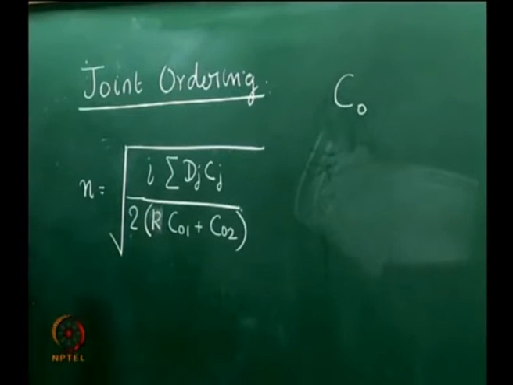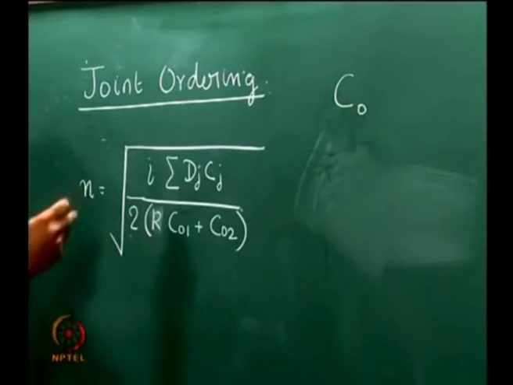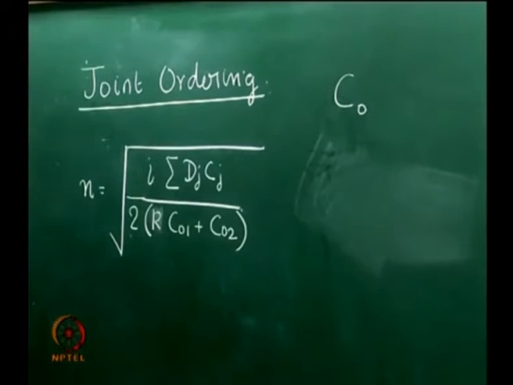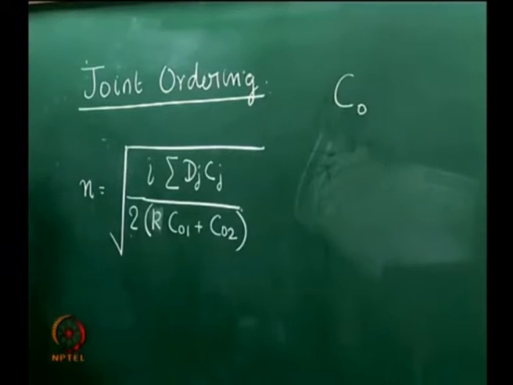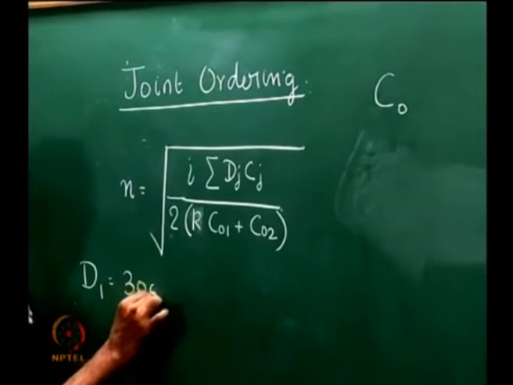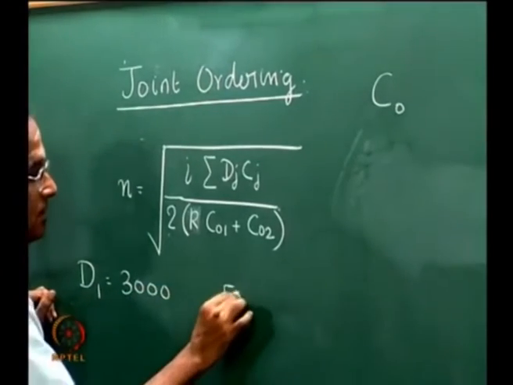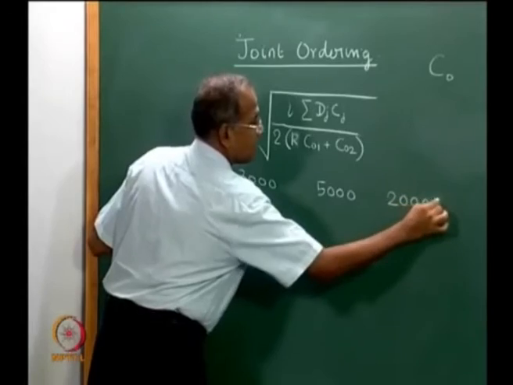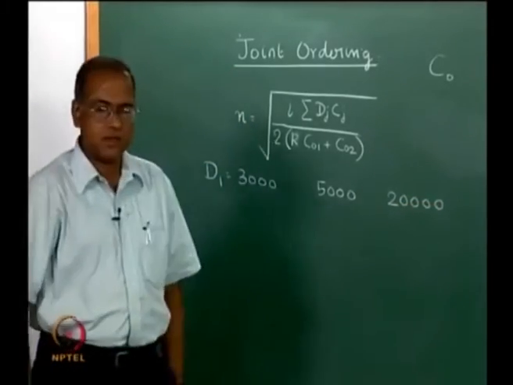Now, we take a numerical example to show the effect of this joint ordering. Let us look at a situation where there are 3 items and the demands are 3000, 5000 and 20,000.